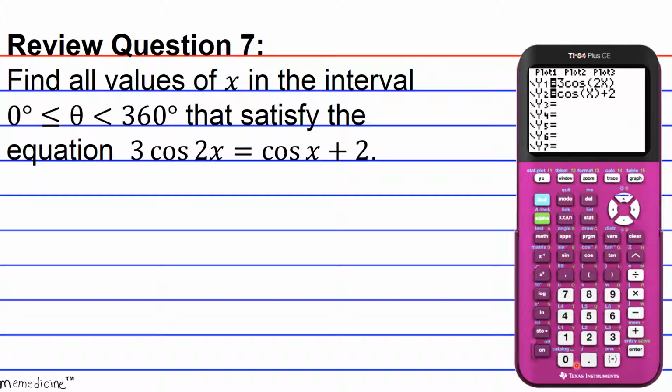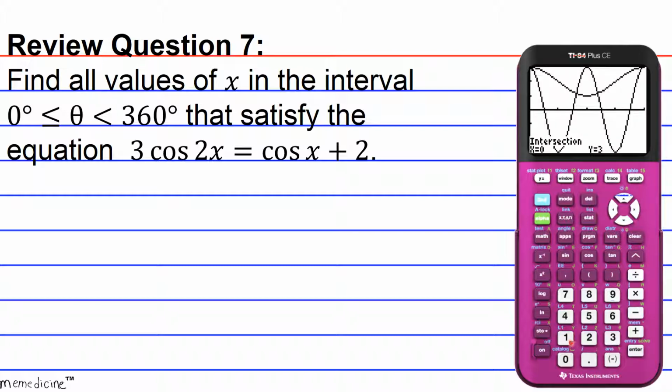And now you're going to use the CALC feature to find the 3 points of intersection. So this is what it looks like when you press Zoom 0. Automatically you're starting out with your first point of intersection, which is really tricky to calculate because it's all the way in the upper left-hand corner and it may not even be visible. So that's why you have to watch these values here.